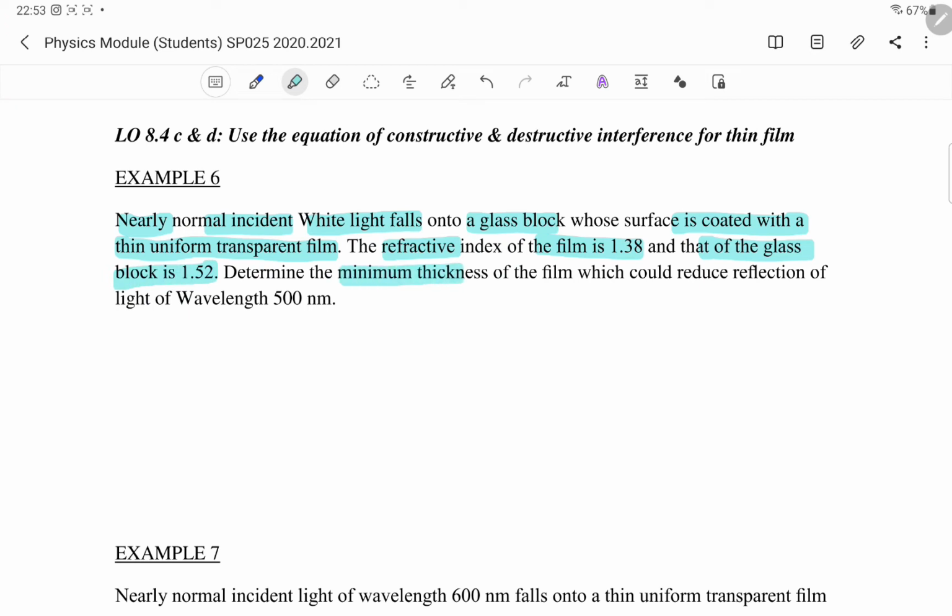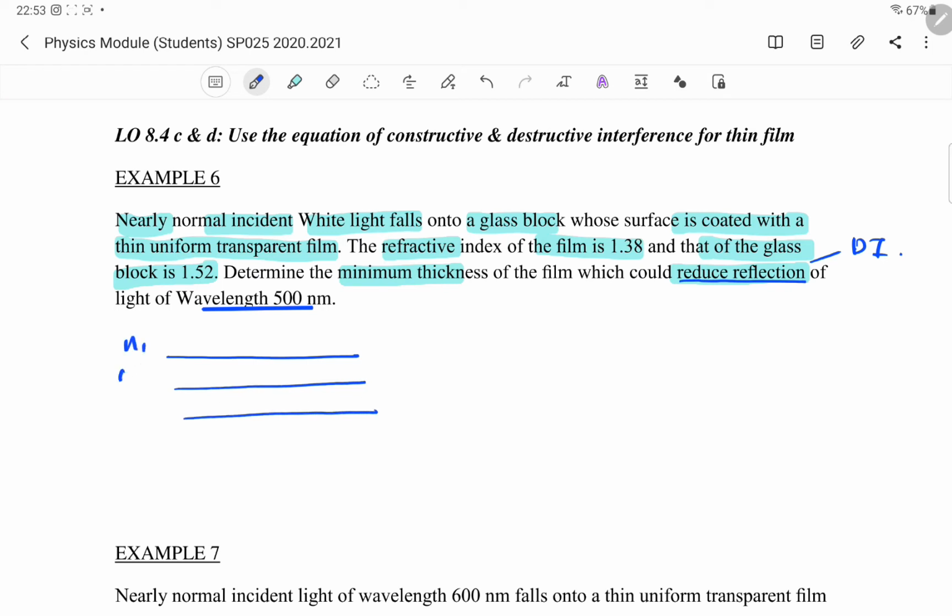Determine the minimum thickness to reduce reflection. Perkataan reduce reflection ni menunjukkan destructive interference. Wavelength is given. So first one you have to draw the layers: N1, N2, N3. N1 must be air. N2 is the film 1.38 and you have 1.52.